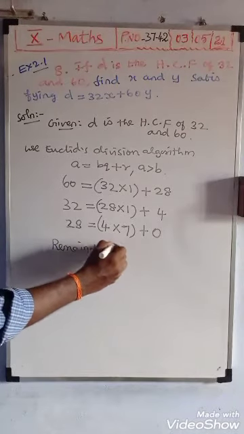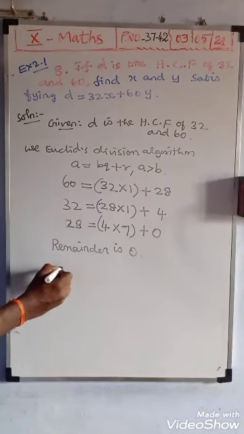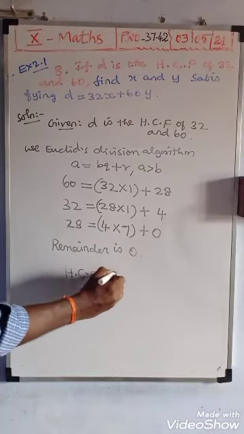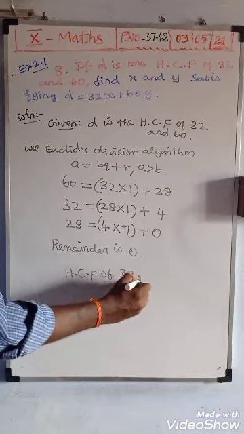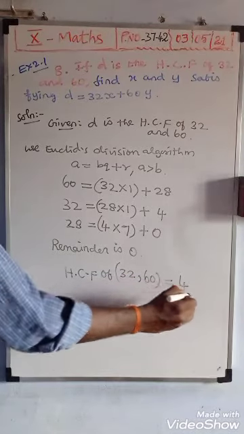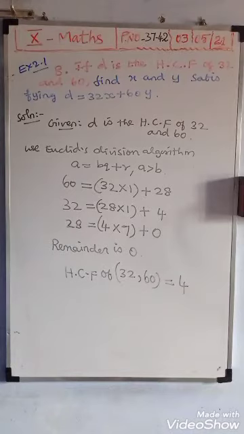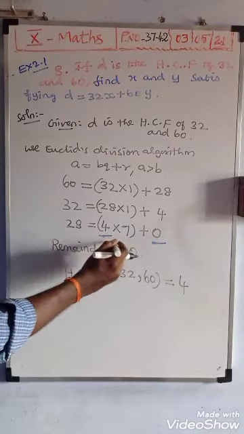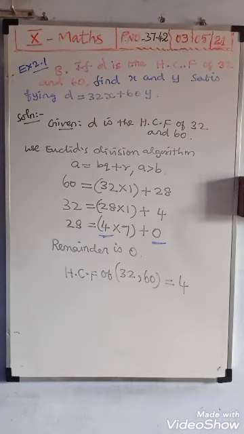So the remainder is 0. Therefore HCF of 32 and 60 is 4. At last, the divisor we received is the HCF. Here 4, remainder 0. Therefore HCF is 4.